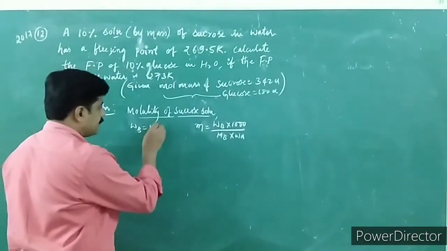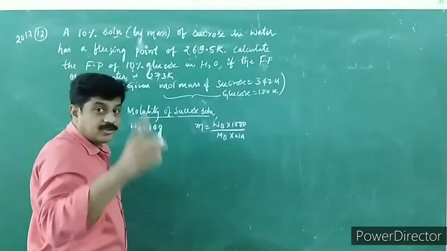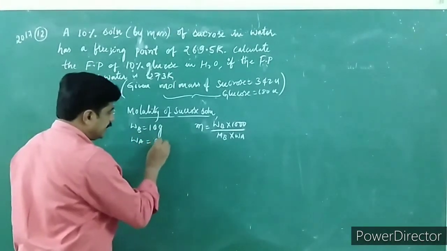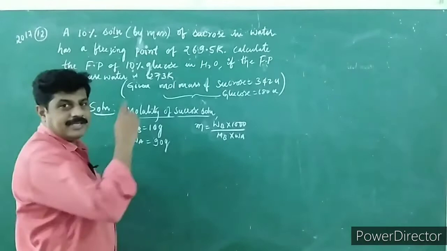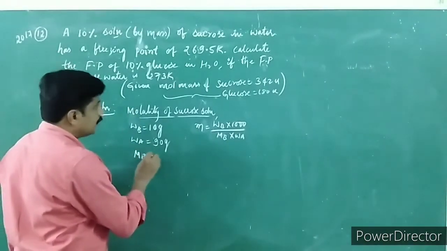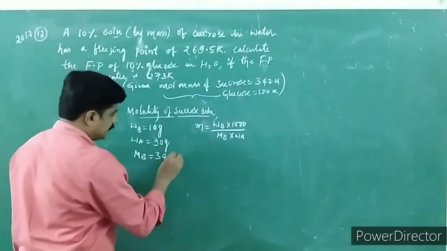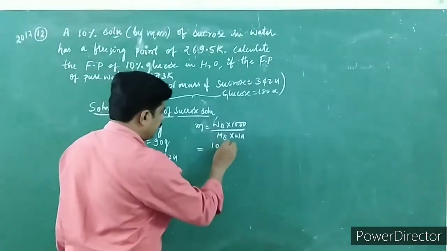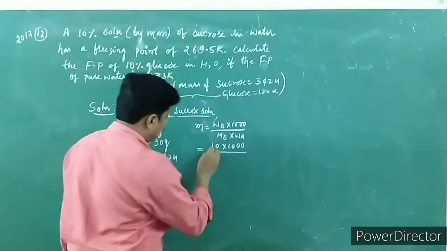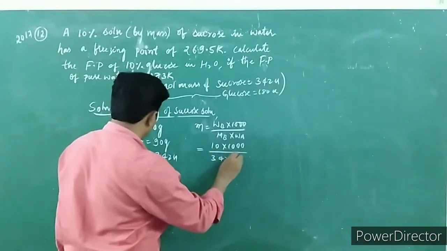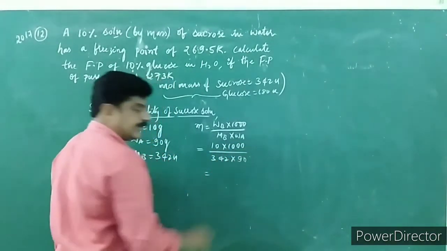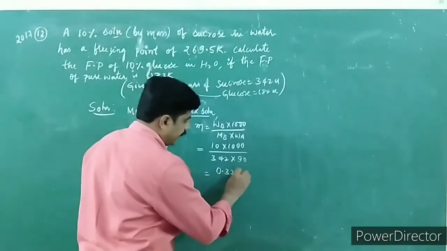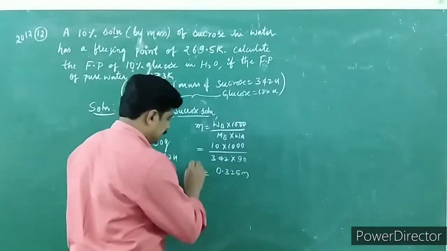That means 10 grams in 100 ml solution or 90 grams of water. That means WA is equal to 90 grams. And MB is given. How much? MB is equal to 342 u. Children, I'll substitute the value: 10 into 1000 upon 342 into 90. If we simplify that, you are going to get 0.325 molality.